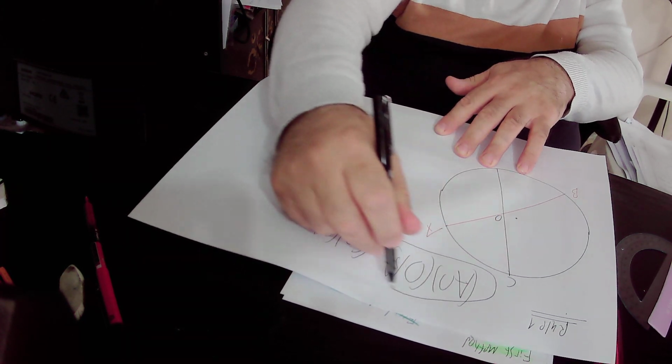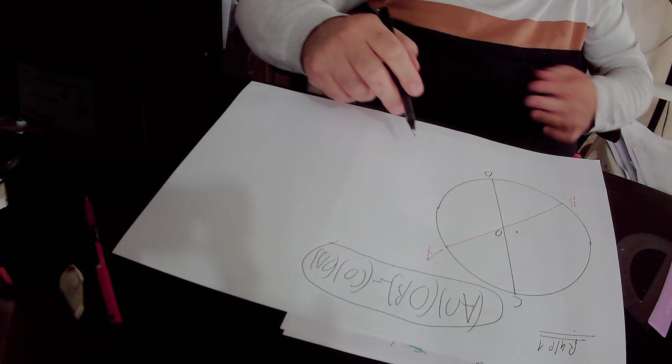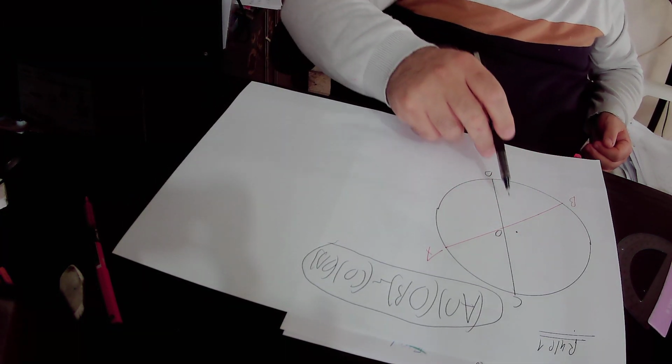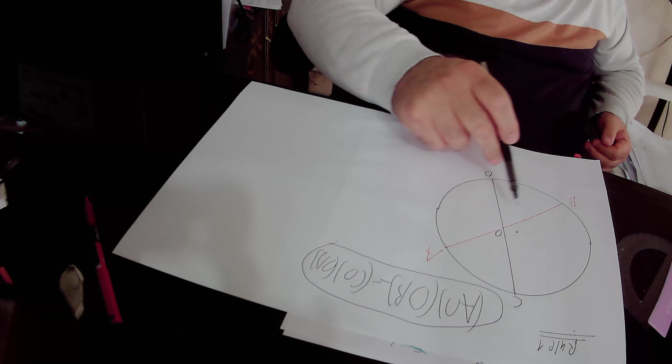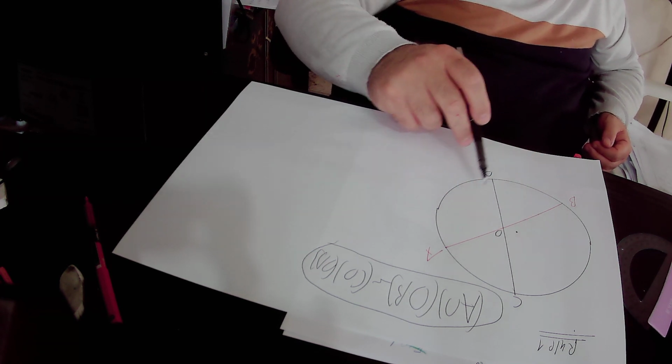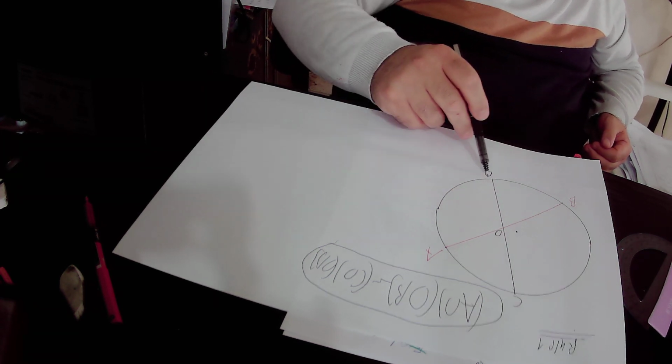Repeat again on rule number 1. According to rule number 1, if chord AB intersects with chord CD at point O, then AO times OB equals to CO times OD. Again, AO times OB equals to CO times OD.